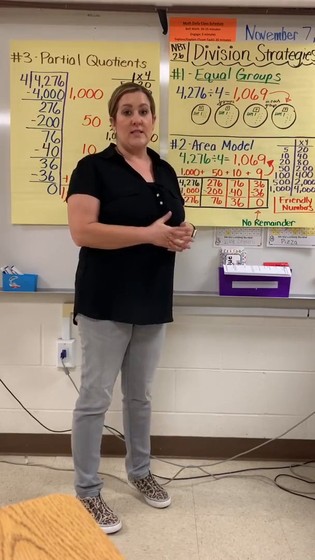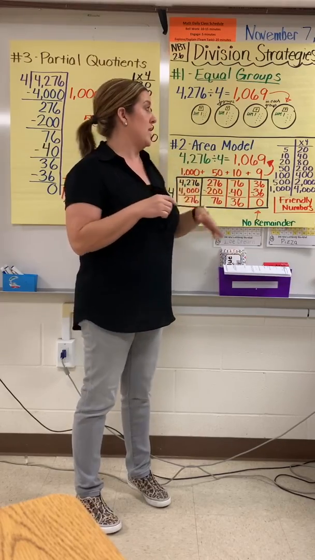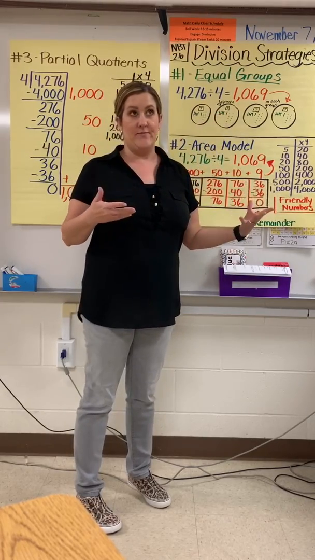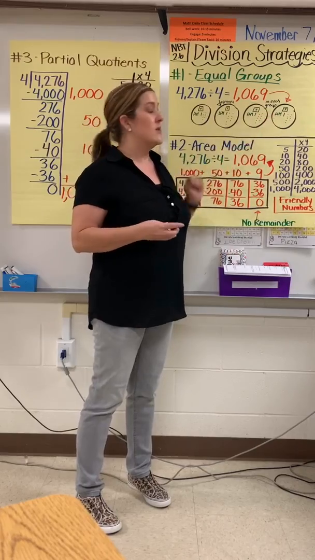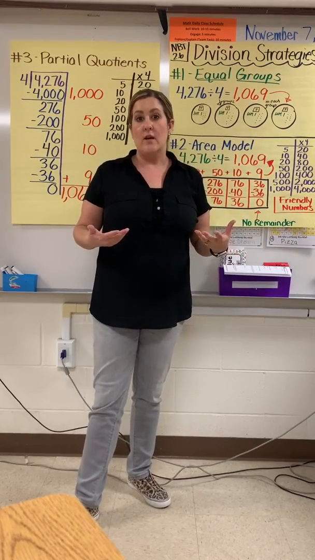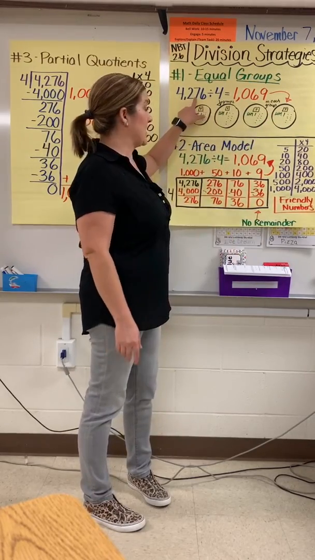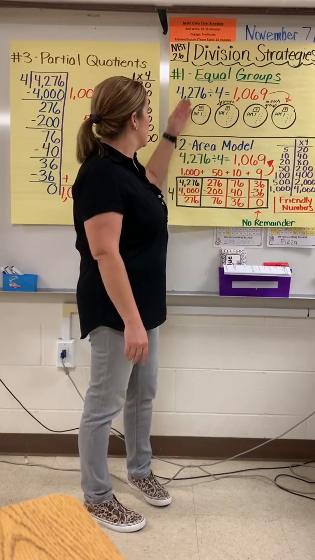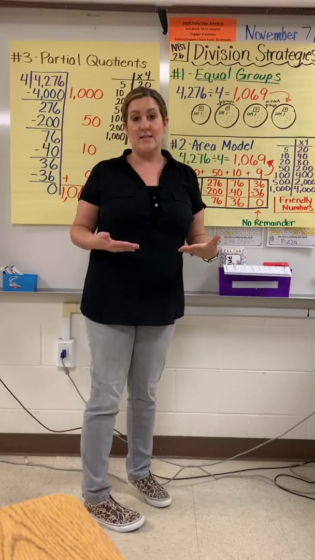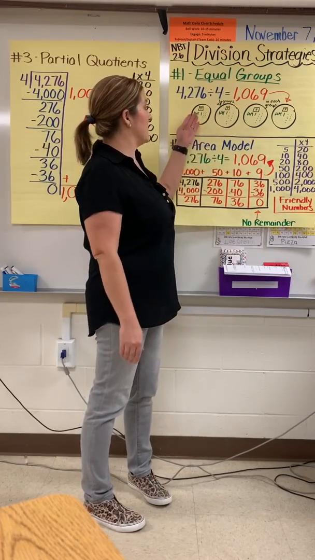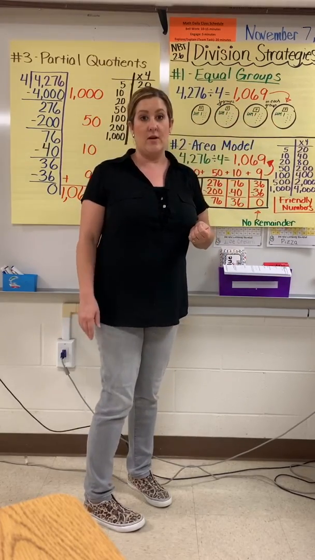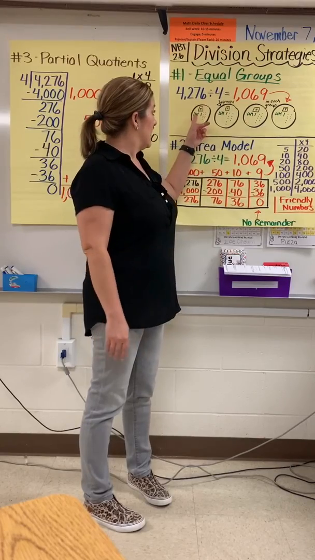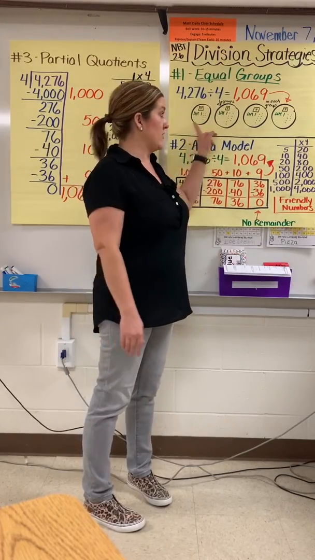The students realized that 200s would not fit easily into the 4 groups, so that's when they broke apart that 200 and combined it with the 7 tens. So then they had 27 tens, which they then divided as much as they could among the 4 groups. That leaves 6 tens in each group.